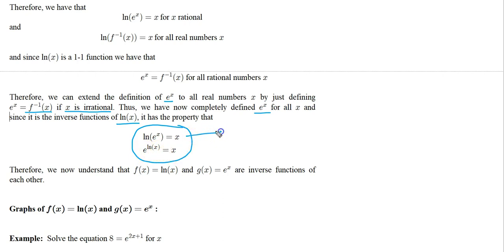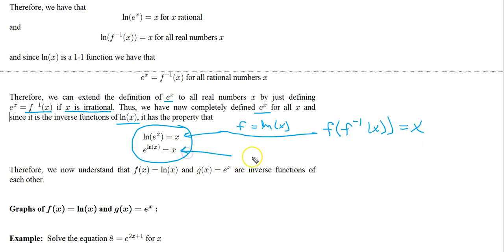You see, this property right here, if we think of f as being the ln function, is just stating that f of f inverse of x equals x. And this piece right down here is simply stating that f inverse of f of x equals x.